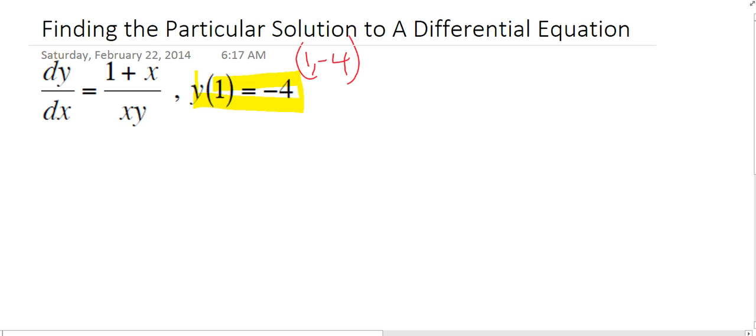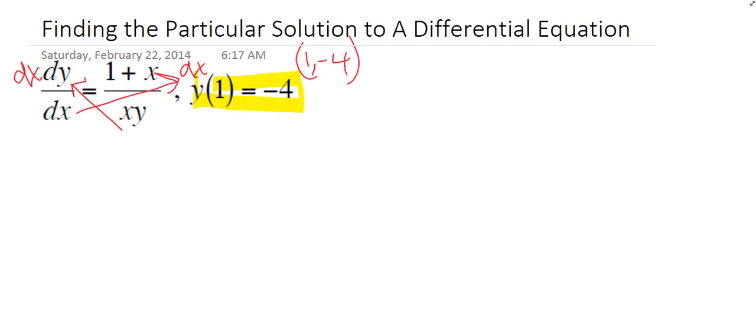We're going to basically do the same technique that we've been doing. We're going to try to separate the variables, and let's see, if I multiply by dx on both sides, I'll get rid of that dy dx on the left, and I can also multiply both sides by y.